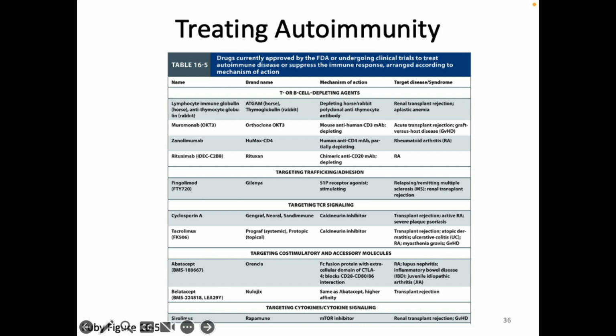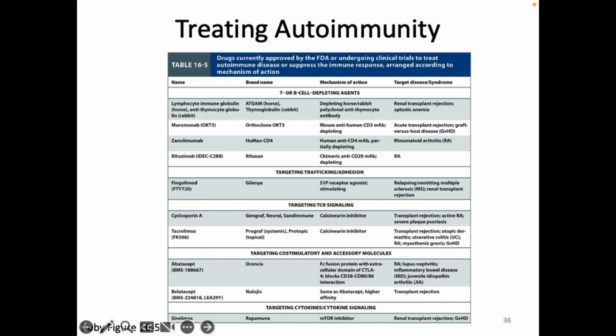We're trying to not sledgehammer the whole immune system, but maybe try to impact only a smaller portion of the immune system. So we're not making you immune compromised across the board. We're trying to make this more specific to just stopping the immune response that you have that's a problem.